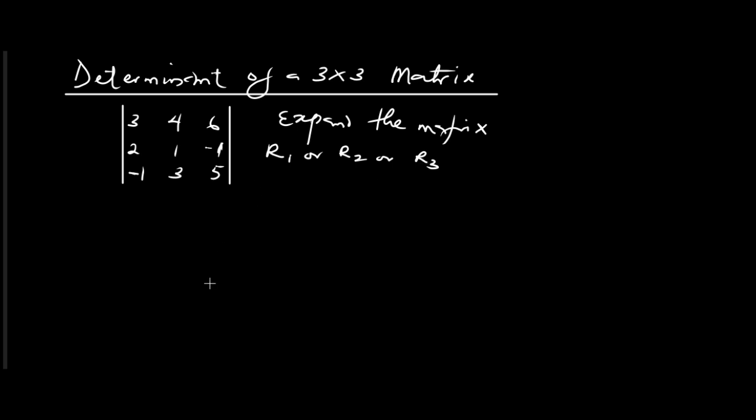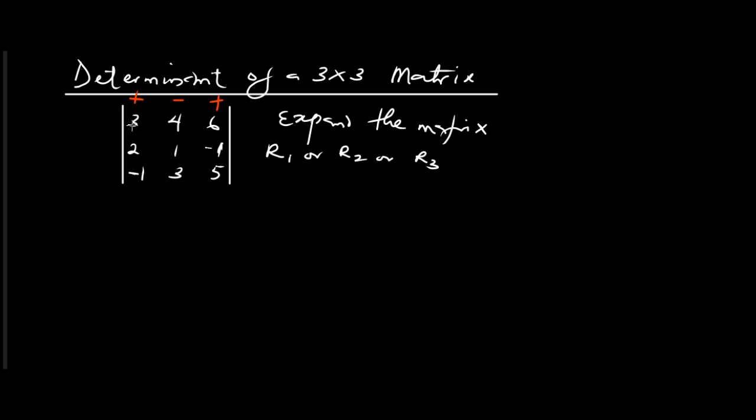And while doing the expansion, we must bear in mind that the first column here is plus, the second column here is minus, and the third column here is plus. So that is the pattern for the expansion sign.